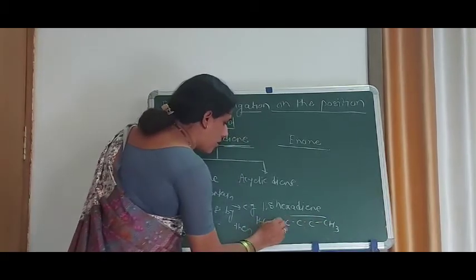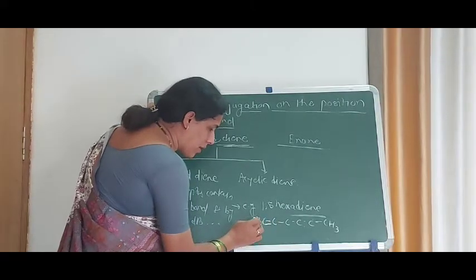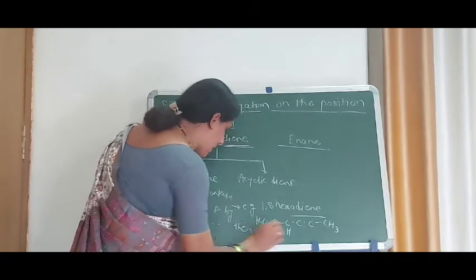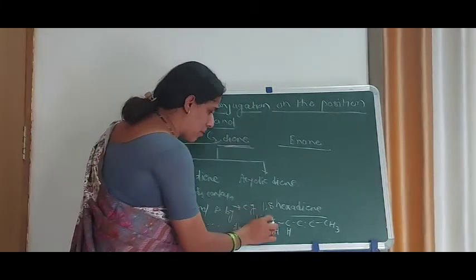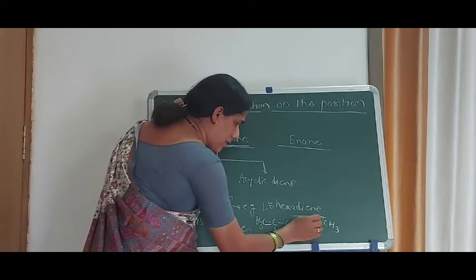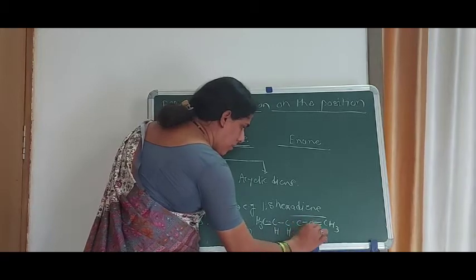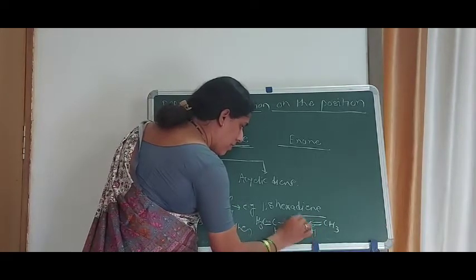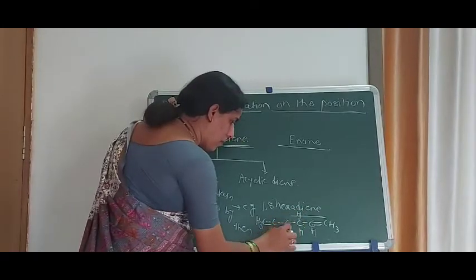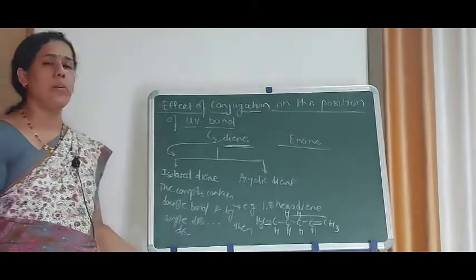You have to count where the double bonds are: CH2 double bond CH, then CH2, CH2, then CH double bond CH2, with the double bonds at positions 1 and 5. This is the example of 1,5-hexadiene.